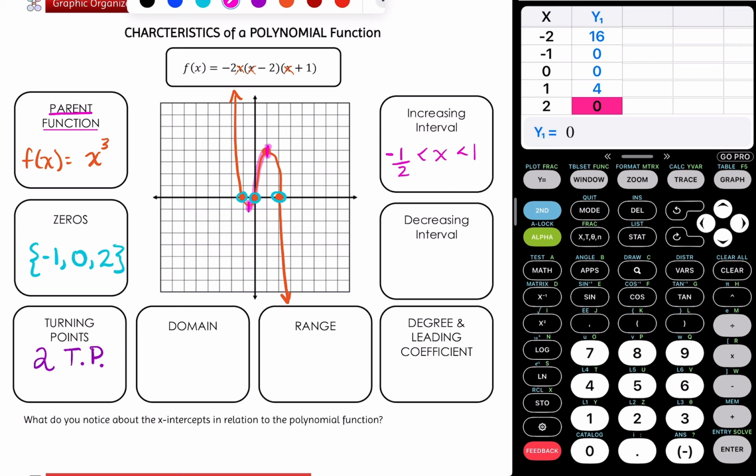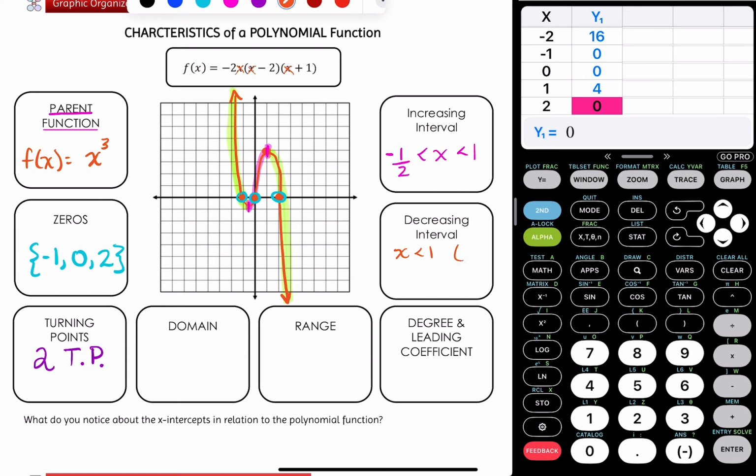Okay, and decreasing, there are actually 2 decreasing intervals. We're decreasing here in this beginning, and then after 1, we're decreasing again. So you could have 2 different answers here. Okay, one of them is from 1 to infinity, which technically would be, let's rewrite that, x is greater than 1.